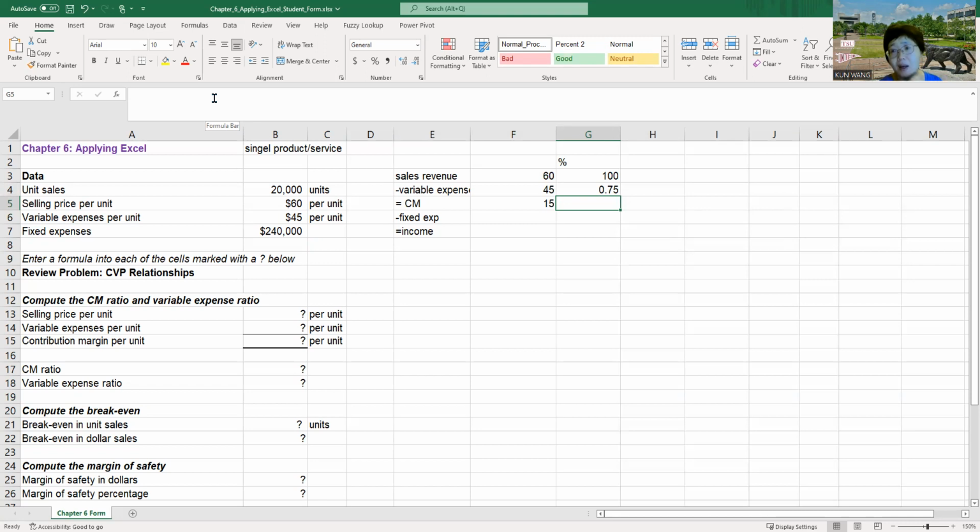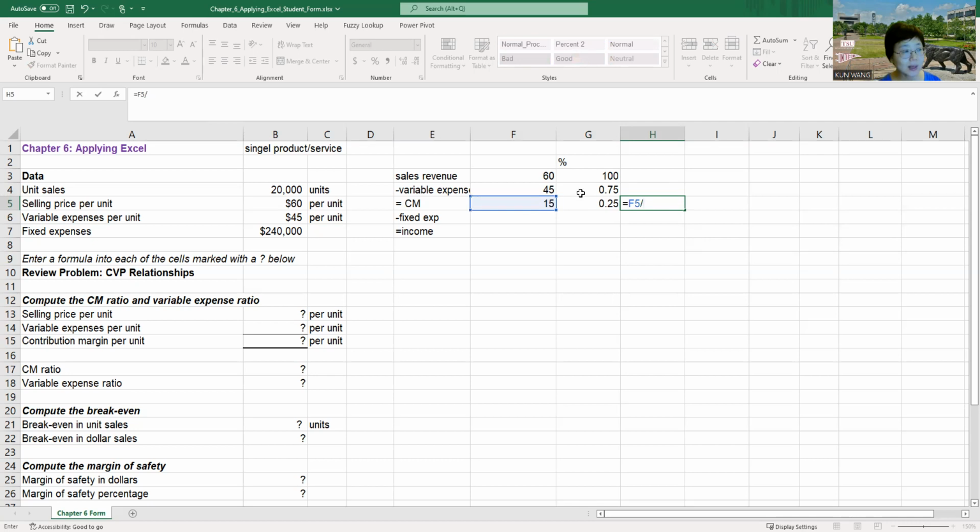Think about it, I charge my client $100, right? But 75 is my variable expense. And then the rest will be your contribution margin. So you can use 1 minus the variable expense ratio, get the 25%, or you use the 15 divided by the 60, the same thing.